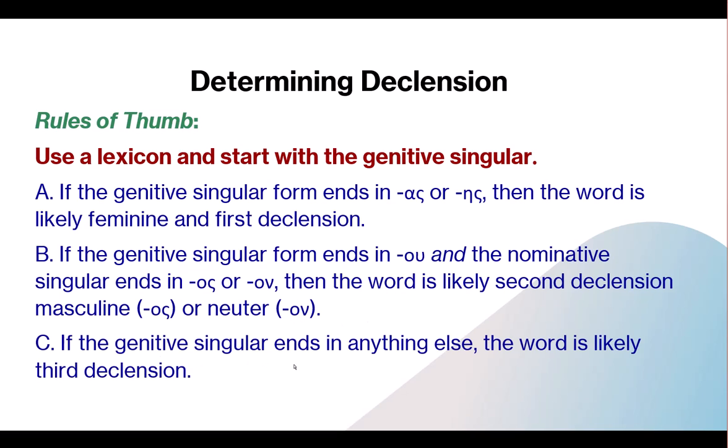If the genitive singular ends in anything else, the word is likely third declension. So these are some rules of thumb. They're not absolute laws like gravity, but they are helpful.